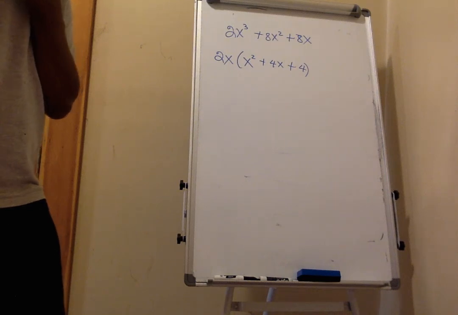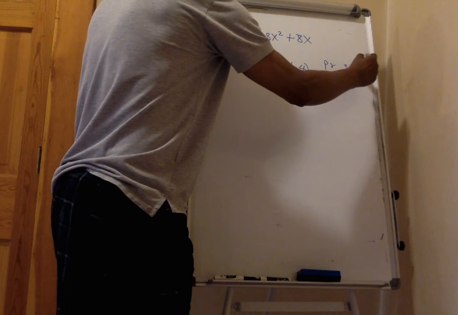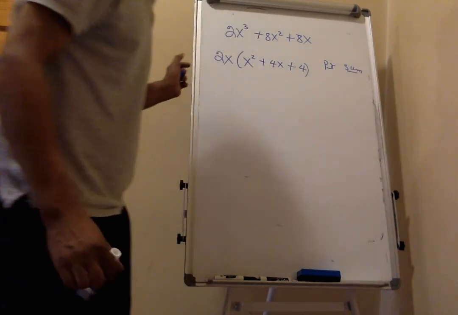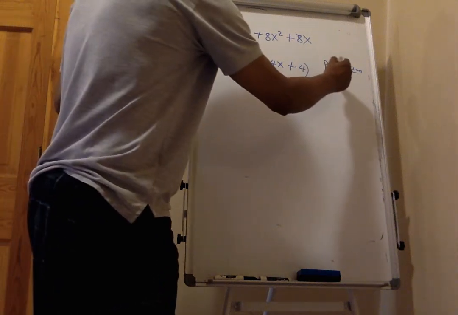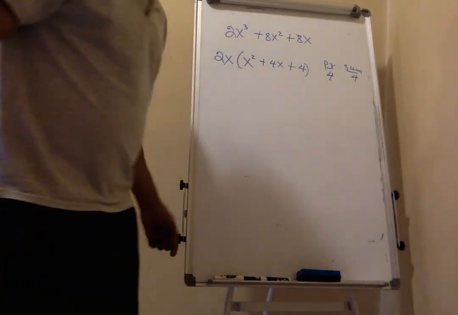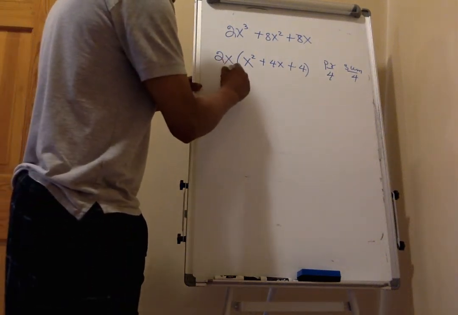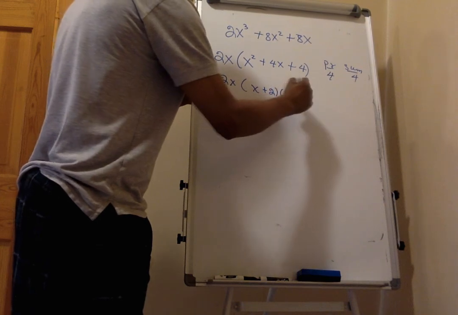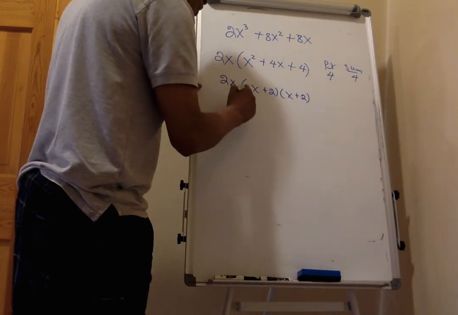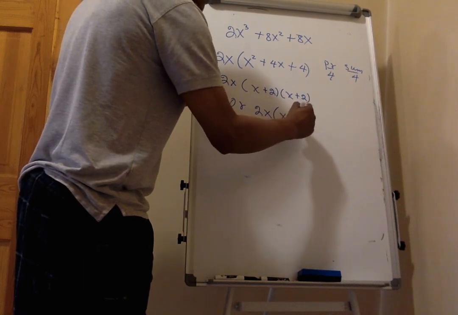This is a perfect square, because if you look at the product and sum, two numbers multiplied will give us 4, and added will give us 4. They are 2 and 2. In fact, both of them are positive. So this is 2x, then you would end up with x plus 2 times x plus 2. Or, if you wish, you could rewrite this as x plus 2 squared.